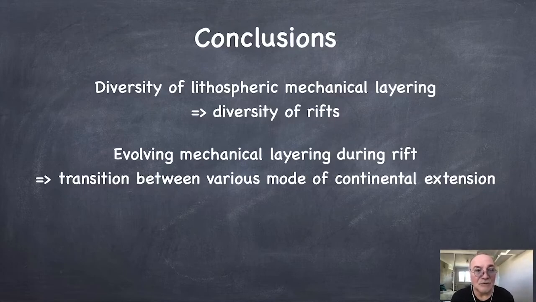But what we have shown over the past few years is that the evolving mechanical property of the lithosphere during rifting also explains that diversity of rifting, because under steady state boundary conditions, you transition from one mode to another. So it is not the case that a continental rift develops according to one mode of deformation. It is completely doable for a rift system to evolve across a number of those modes.